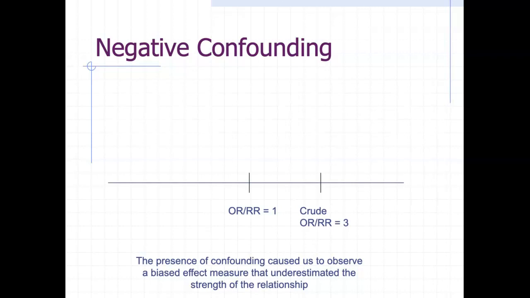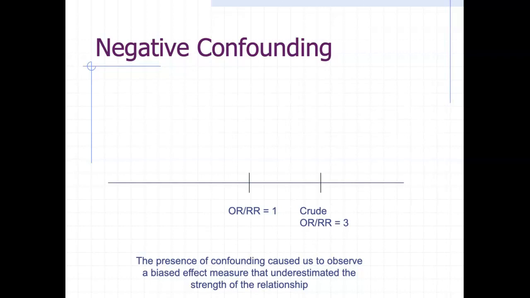Let's assume we actually have confounding present in our study, and we calculated an adjusted odds ratio. We found that the difference was greater than 10% and determined that, yes, we do have confounding present.